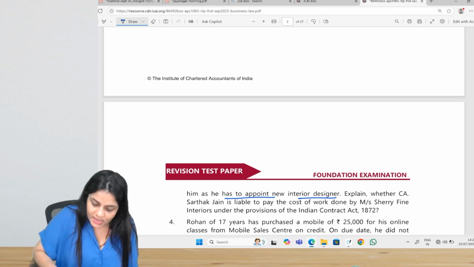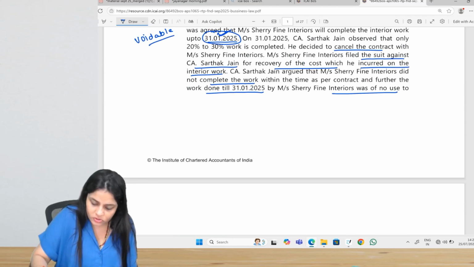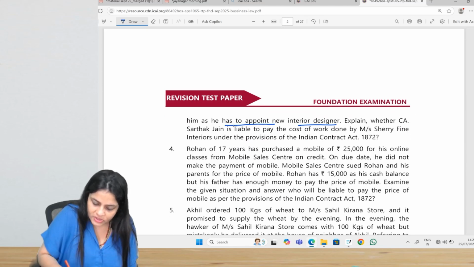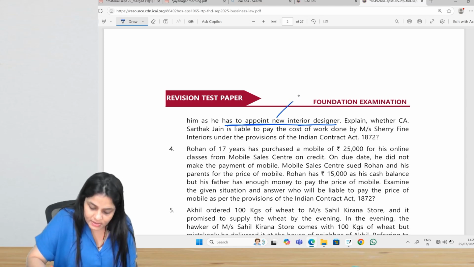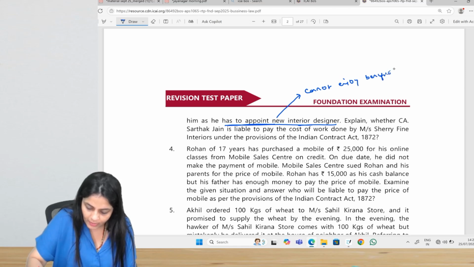Here, he is saying that the work which has been done is of no use to him as he has to appoint a new interior designer. That means he cannot enjoy the benefits of the work done, right?